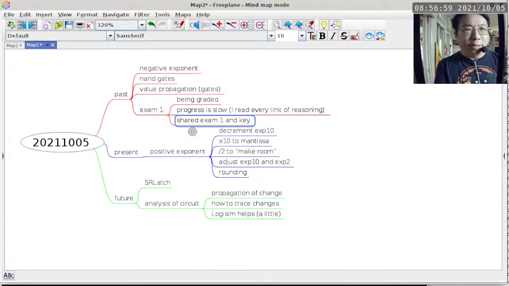They're being graded. I think I got maybe a third of the class graded. It was really slow. I could grade maybe 2 or 3 exams per hour. Well, it took you guys 80 minutes to do one, and I have to follow the same reasoning. I have to read every single line, every single character, every single implication to grade it, to basically say, okay, does that make sense?